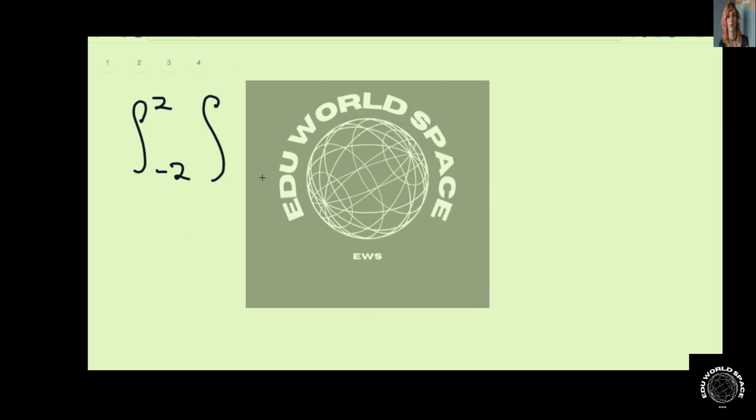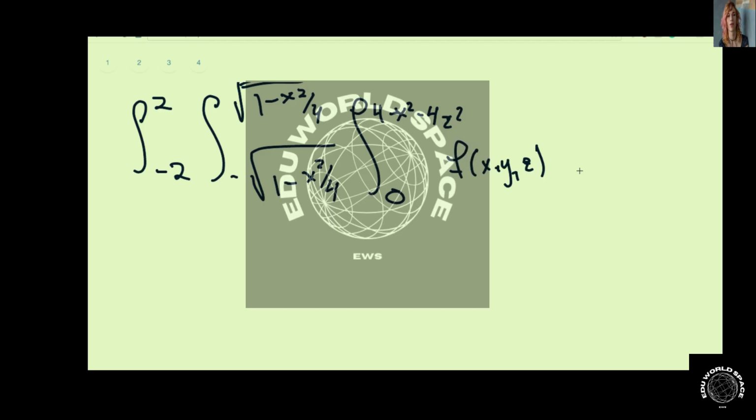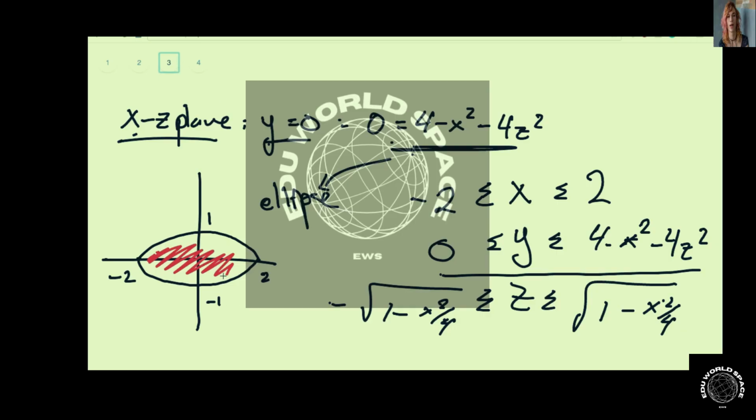Then we're going to do our z bounds from negative square root of 1 minus x squared over 4 to square root of 1 minus x squared over 4, and y from 0 to 4 minus x squared minus 4z squared of f of x, y, z. So we do dy, then dz, and then dx.